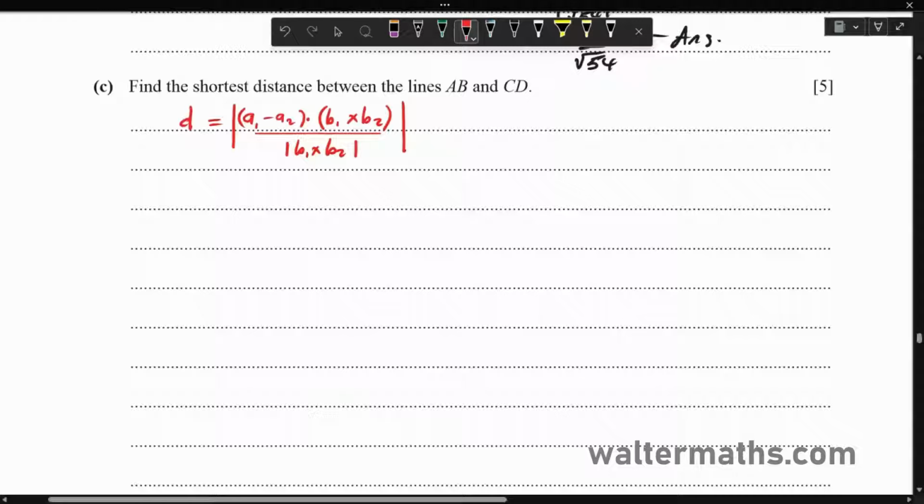And this is for when r = a1 + lambda b1 and the line r = a2 + mu b2.